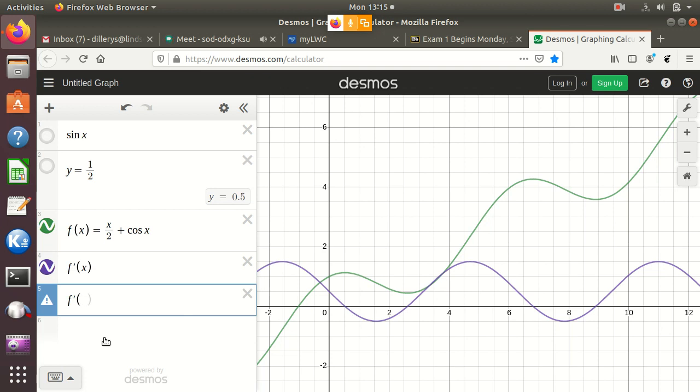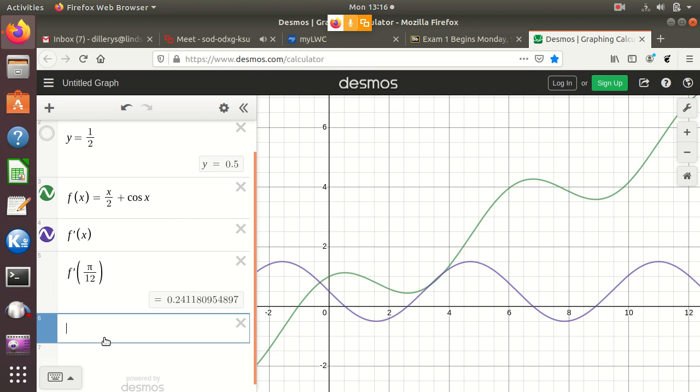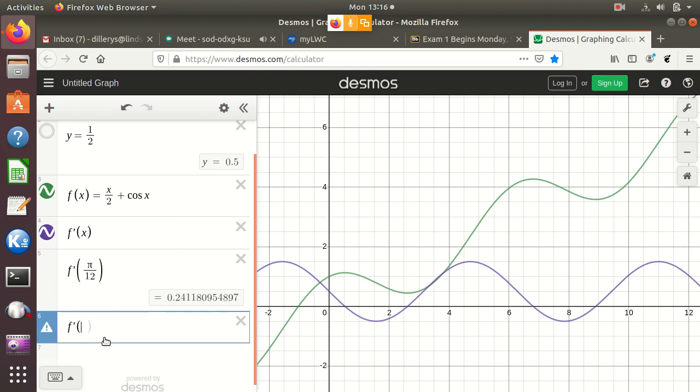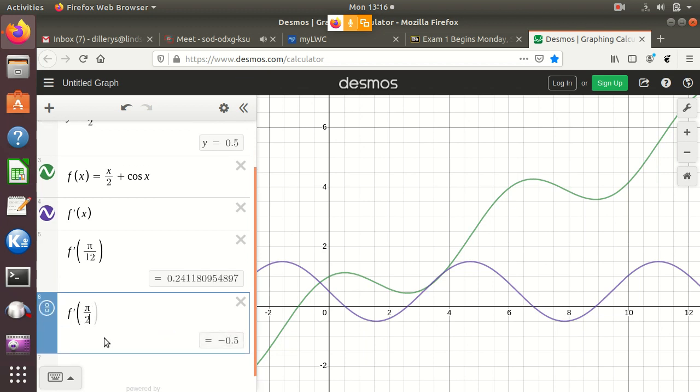And I could also do things like, well, pi over 12 is between 0 and pi over 6, so I type in pi over 12, and I get a positive number. Okay, and then pi over 2 is between, let's see, f prime of pi over 2, that's between my pi over 6 and 5 pi over 6, because it'd be 3 pi over 6.